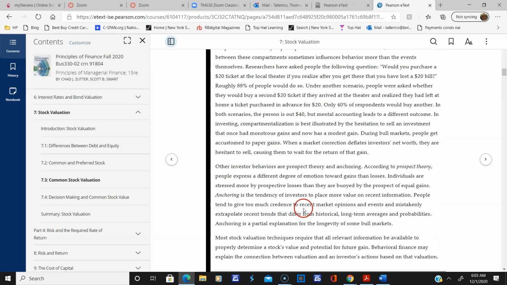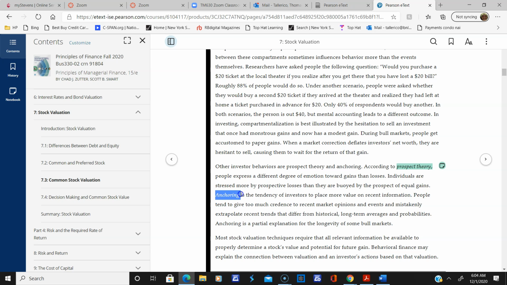And another term that we'll look at here is prospect theory. People express a different degree of emotion toward gains than losses. Individuals are stressed more by prospective losses than they are buoyed by the prospect of equal gains.